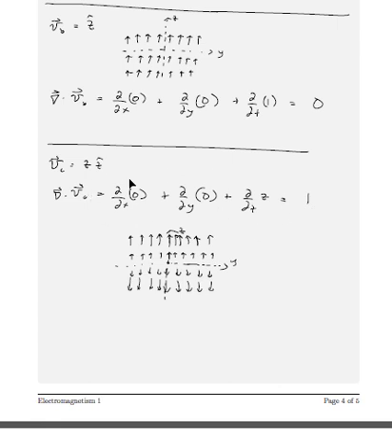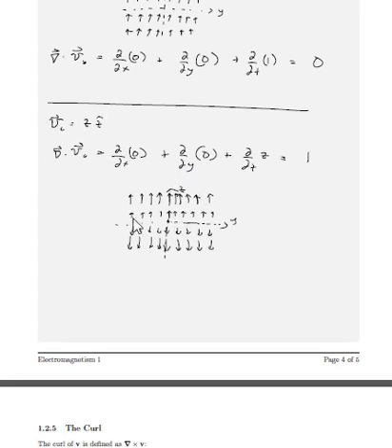So, kung titingnan kasi natin yung graph ng vectors na to, makikita natin that the divergence, the value will spread out along the z-axis in the direction of z hat. Okay? So kasi bakit?